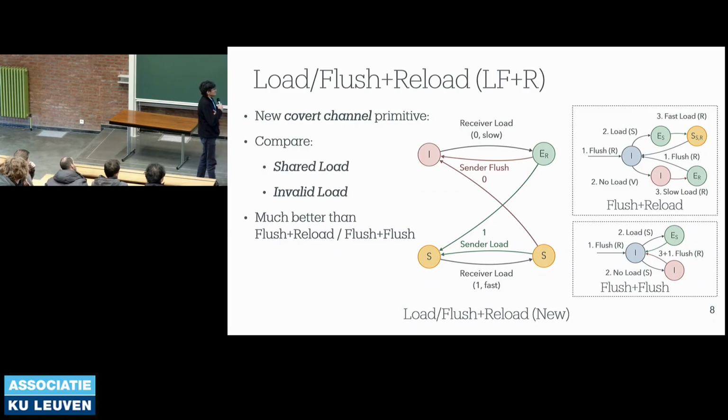If the sender did a load, you set up this line in the shared state because you previously did a load, so you're comparing shared load with invalid load, and this actually has a much bigger timing difference than comparing exclusive and shared. This makes the attack much less noisy, even in these complicated multi-socket systems. However, this obviously assumes you have a victim that is cooperative, which is why it's only a covert channel.